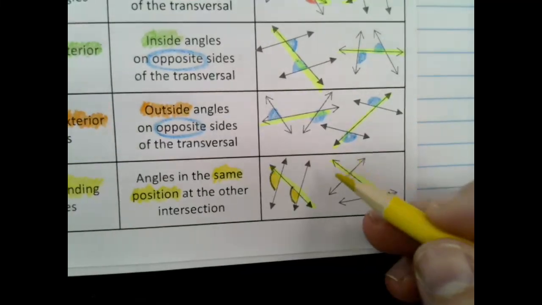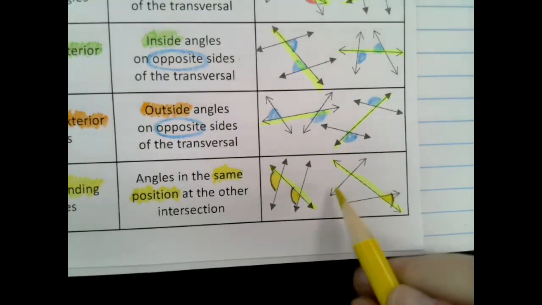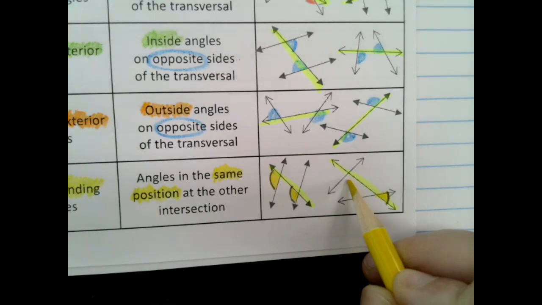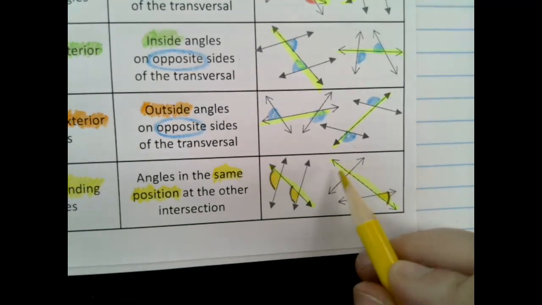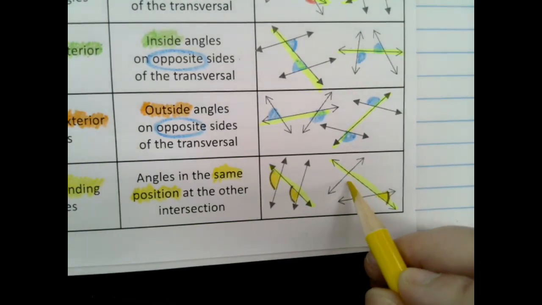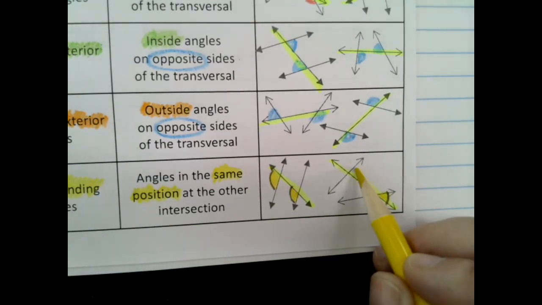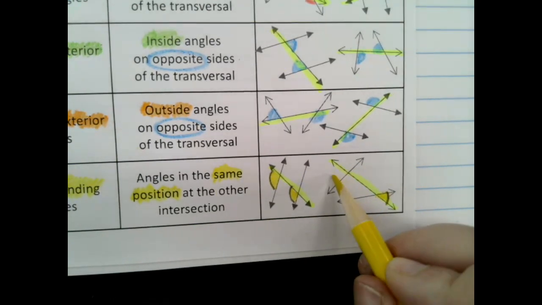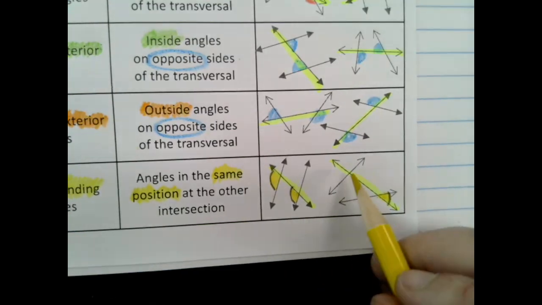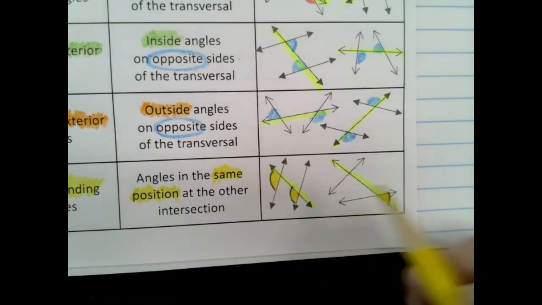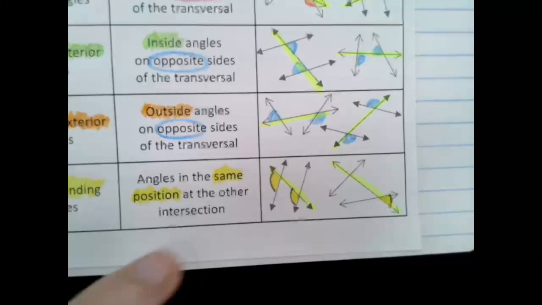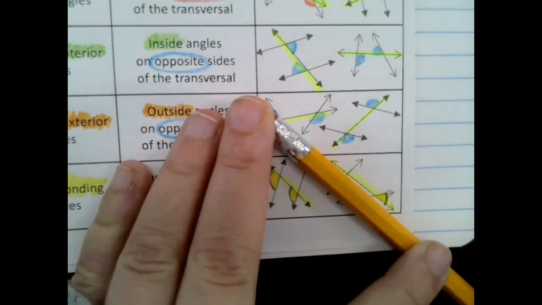All right, as I take a look up here, is it going to be 1, 2, 3, or 4? Which one would be the corresponding angle to this bottom one? Yeah, 2. Good. I know it's going to stay on the same side of that transversal, so I know it's going to be above.